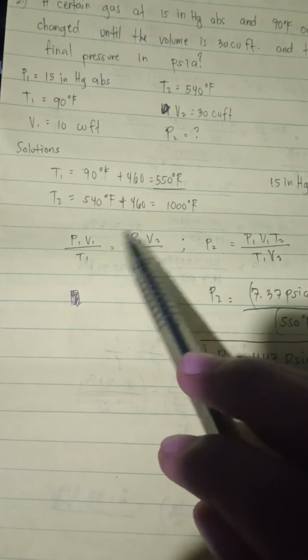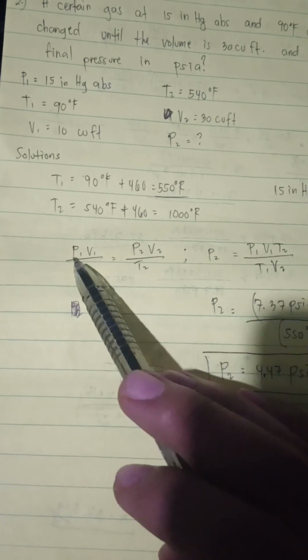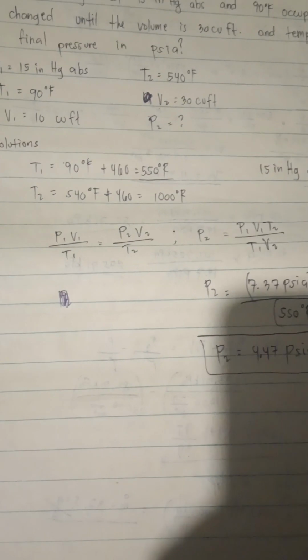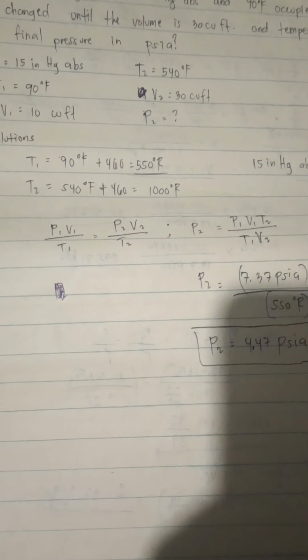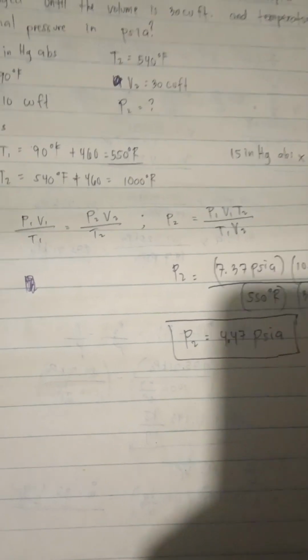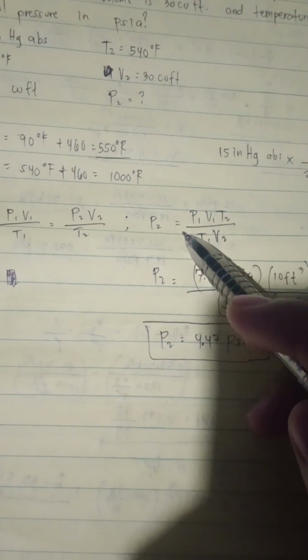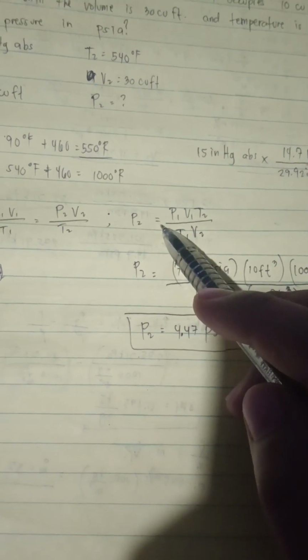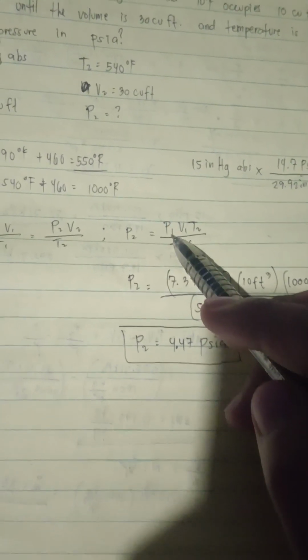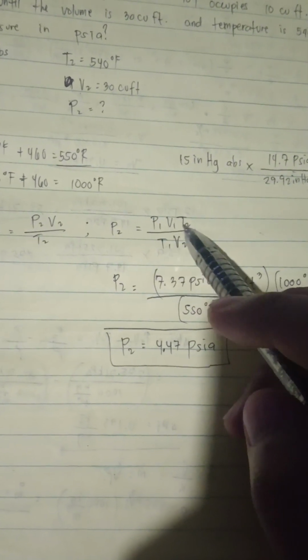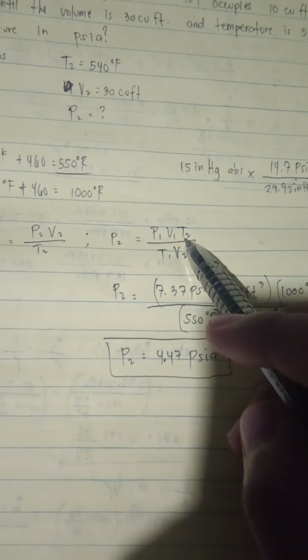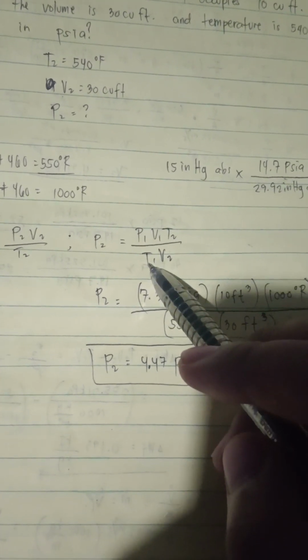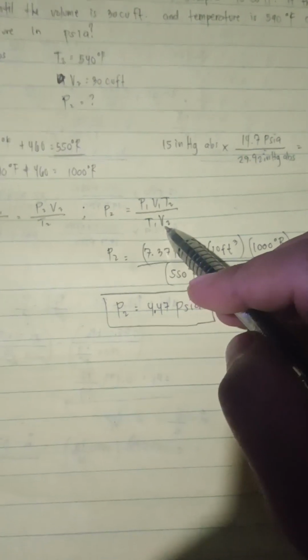So we have here the gas formula: P1 V1 over T1 equals P2 V2 over T2. We can now transpose, since we are asked to find the final pressure. Final pressure is equal to initial pressure times initial volume times final temperature over initial temperature times final volume.